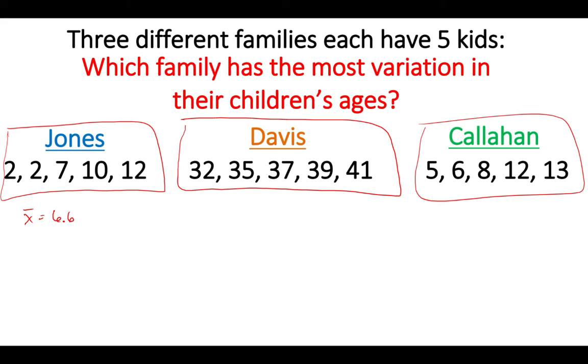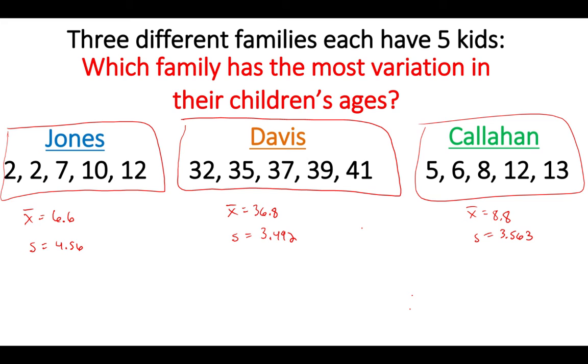So what this is saying is the average age of a child in the Jones family would be 6.6 years old with a standard deviation of 4.56. The Davis family has an average age of 36.8, and their standard deviation is 3.492. And the Callahan family, a mean of 8.8 and a standard deviation of 3.563.